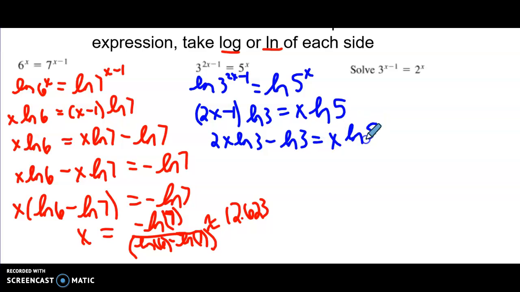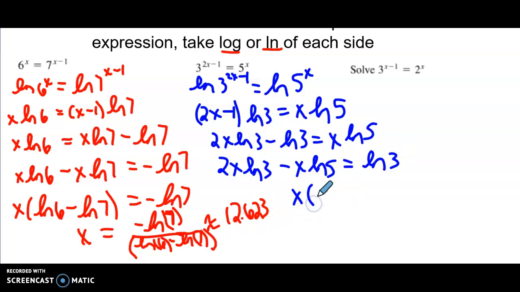All right, and then we want to get all the things that have x's on the left, all the things that don't have x's on the right, so that I can factor the x out. So I factored the x out of here, and then we'll divide.